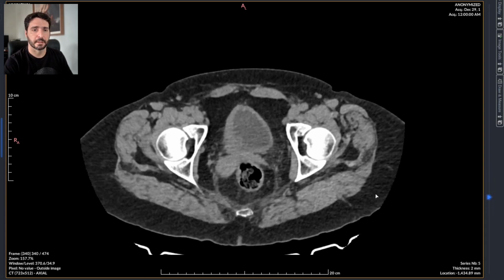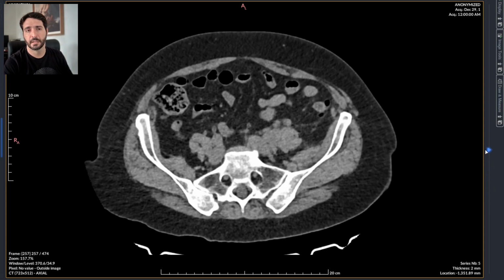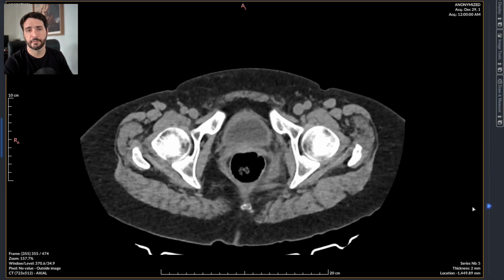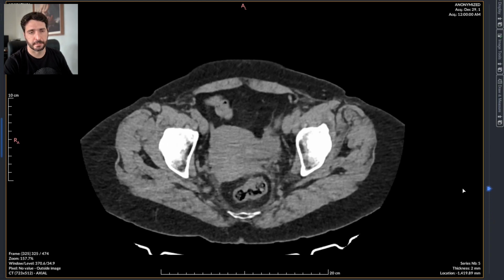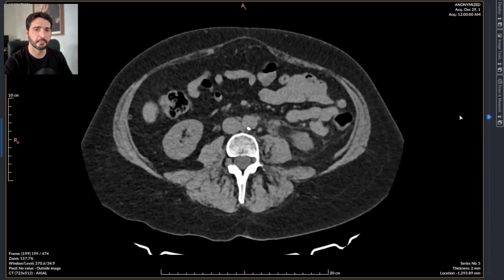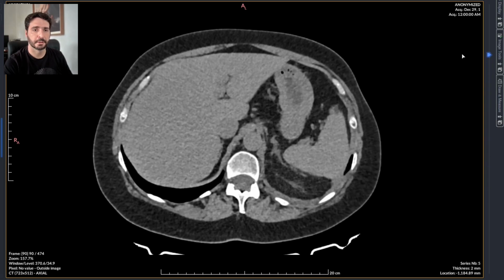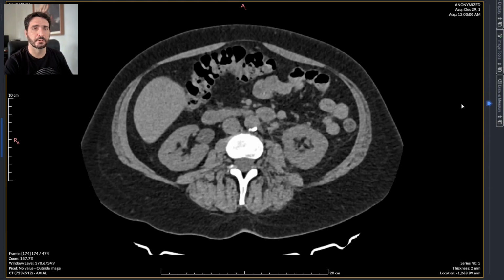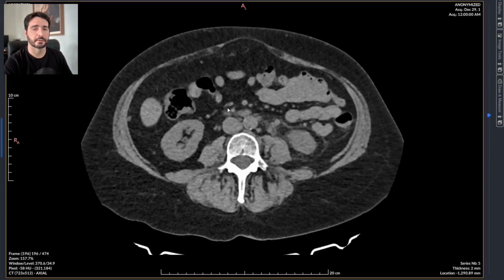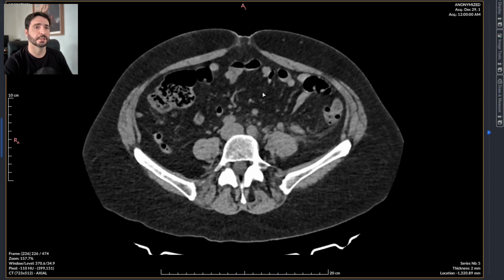So there is straining all over the pelvic fat and floor. This is expected also, but I can't really tell much about the disease just by looking at pre-contrast images of the urinary tract.